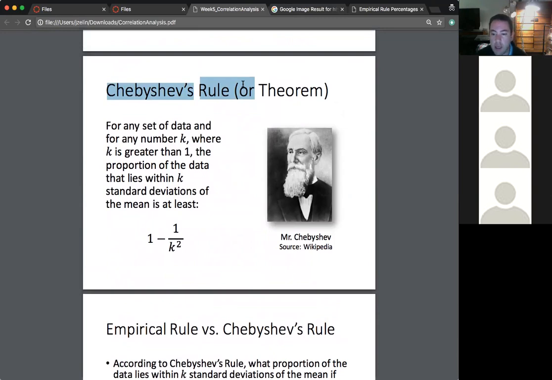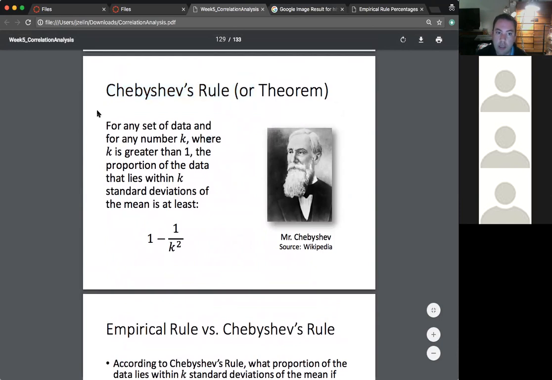And this is how Chebyshev's rule is calculated here: for any set of data, for any number k where k is greater than 1, the proportion of the data that lies within k standard deviations of the mean is at least 1 minus 1 over k squared.